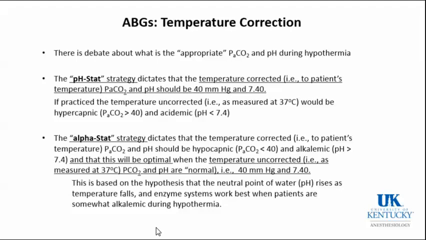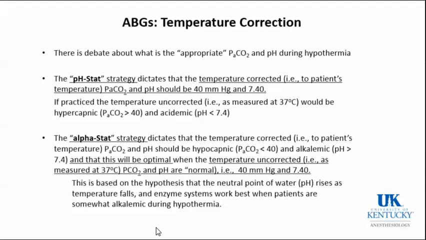Well, in '83, some people started to challenge this. They were at Stanford, actually, and they suggested that, in fact, for optimal cellular function during hypothermia, the patient should be somewhat alkalemic. The CO2 should be less than 40, and the pH should be higher than 7.4. How much lower or higher?